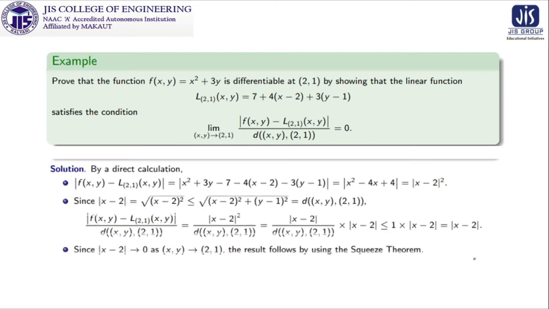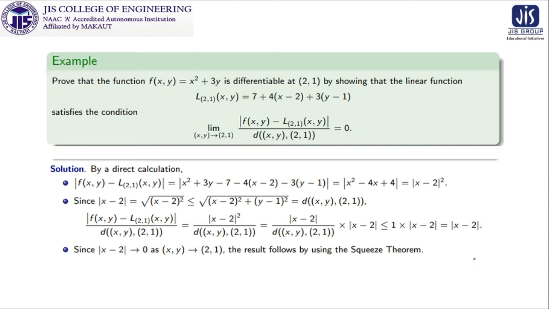So by a direct calculation, we get the modulus of f(x,y) minus L_(2,1)(x,y), which is nothing but (x minus 2) whole squared.